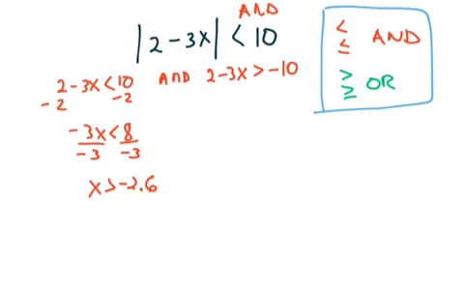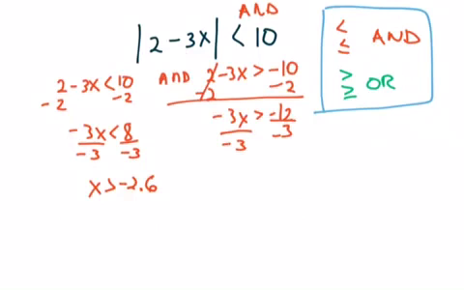Okay, solving the other one, minus 2 cancels. Negative 3x is greater than negative 12. Divide by negative 3, divide by negative 3. And x is less than 4. Again, I divided by the negative, so I had to flip. And that's AND.